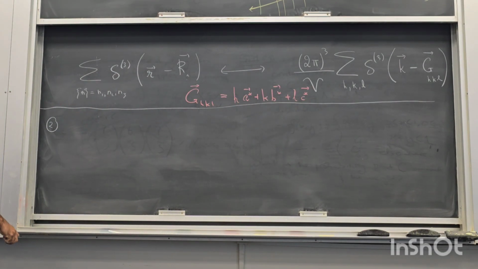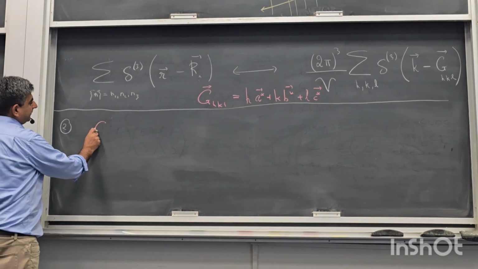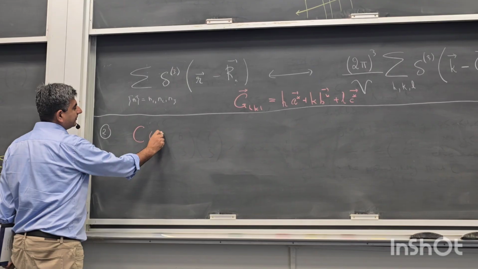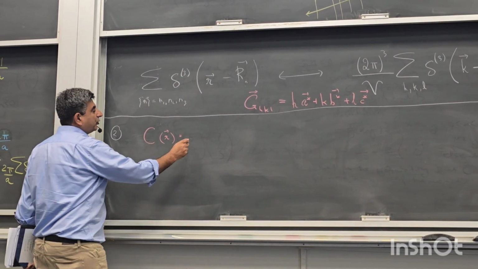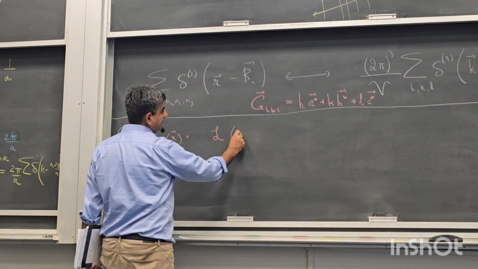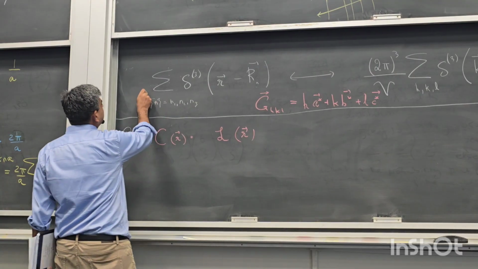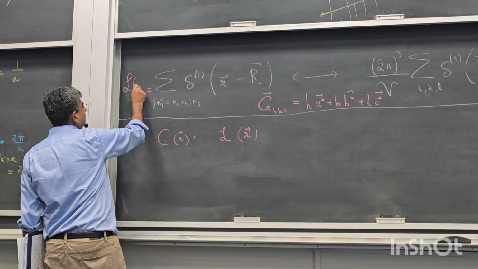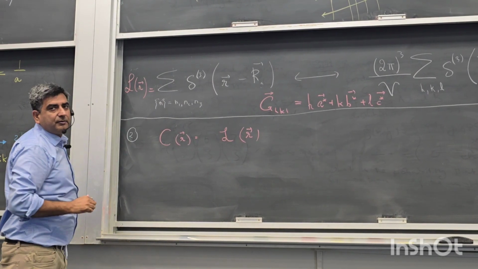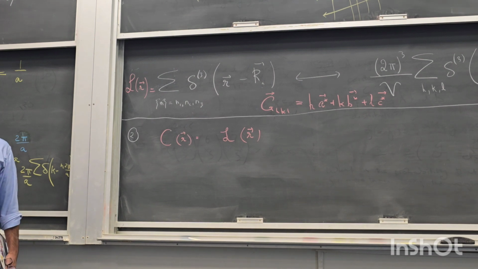Alright. Now what we would like to do is, if you look at the crystal itself, it not only has a lattice, so this is my lattice LR, but at each lattice point you put a basis.